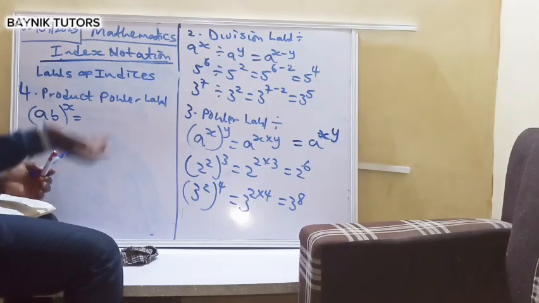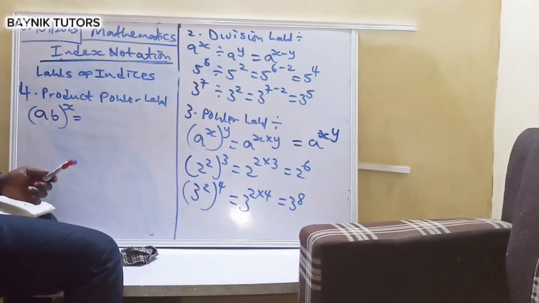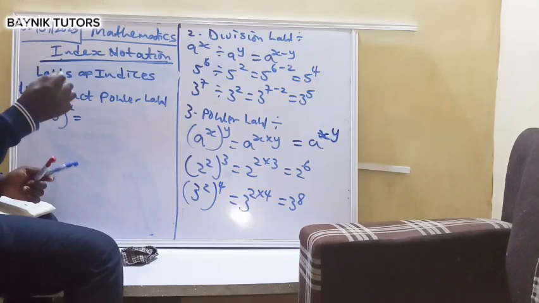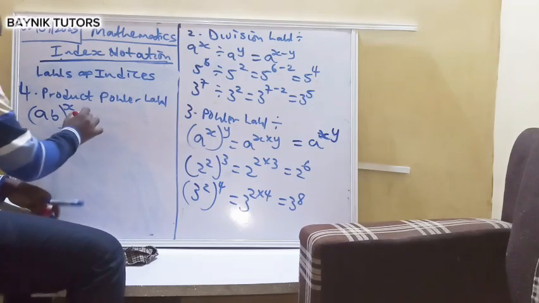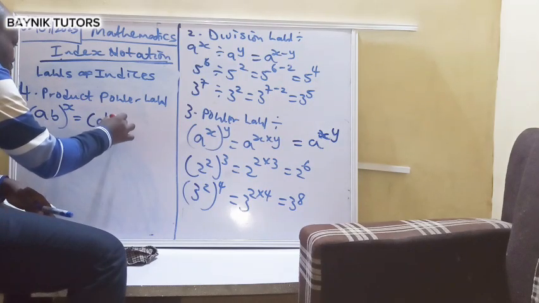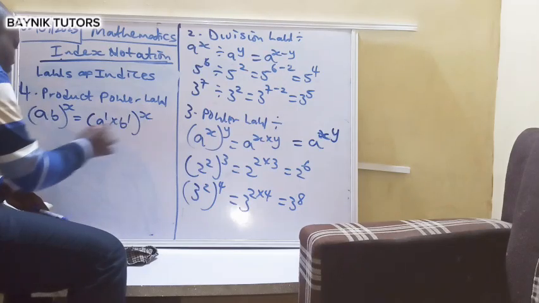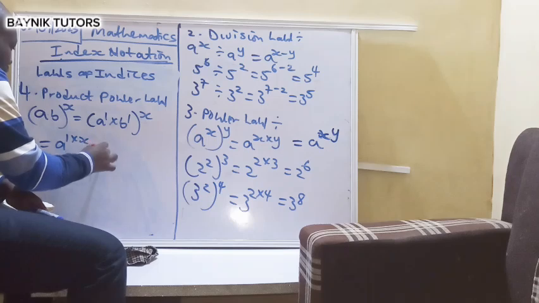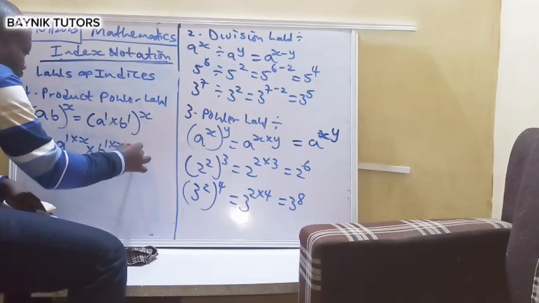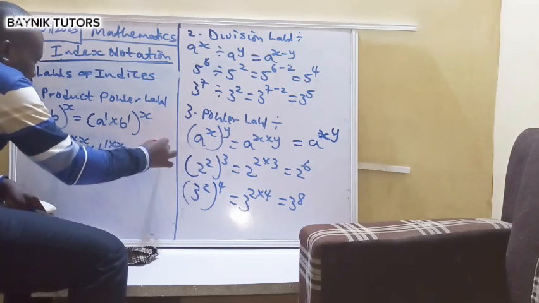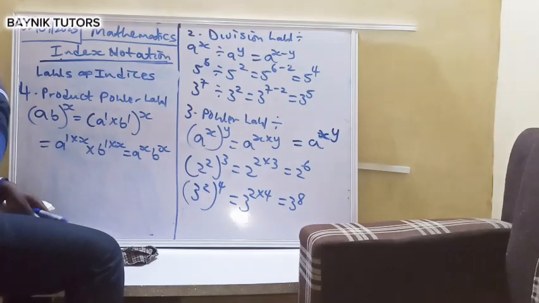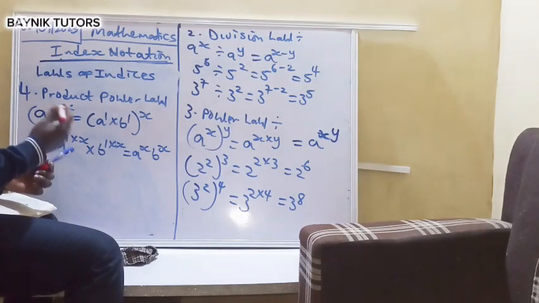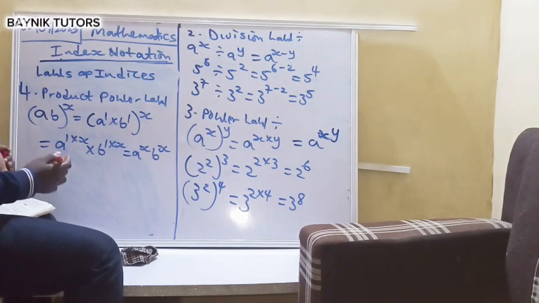The examiner will not write it, but you must know as a student that a raised to power 1 is the same thing as a. So here will be a raised to power 1 times b raised to power 1, raised to power x. So here will now be a raised to power 1 times x, times b raised to power 1 times x, which is equal to a raised to power x, b raised to power x. So that is how the product power law is analyzed.